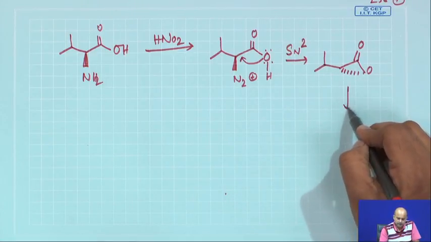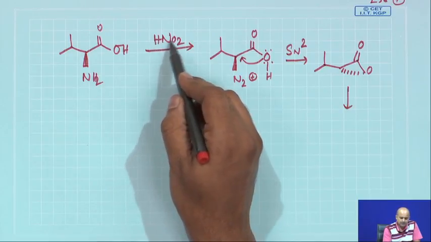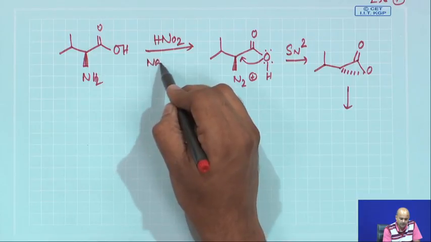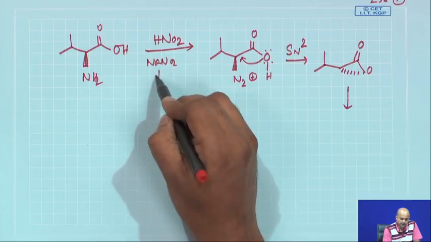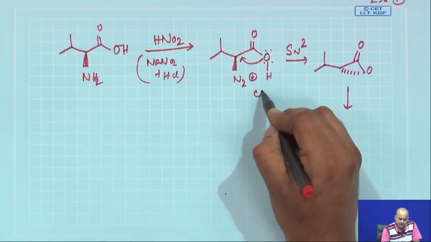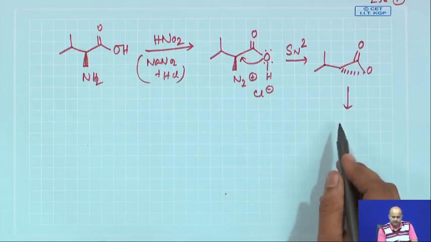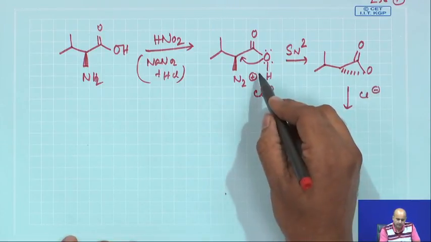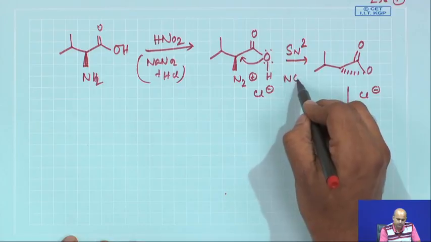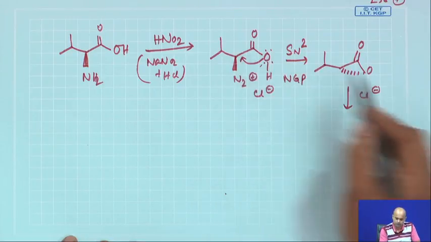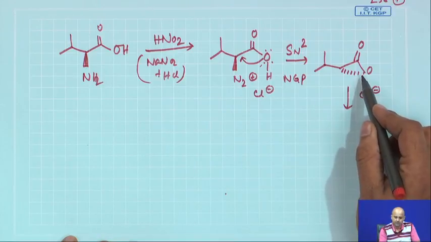Now, if you are diazotizing with HNO2, which means you have NaNO2 and HCl, the chloride minus is still there, and this chloride minus can act as a nucleophile. This is a classic example of neighboring group participation. A neighboring carboxylic acid group first forms a lactone, giving you a strained 3-member lactone.